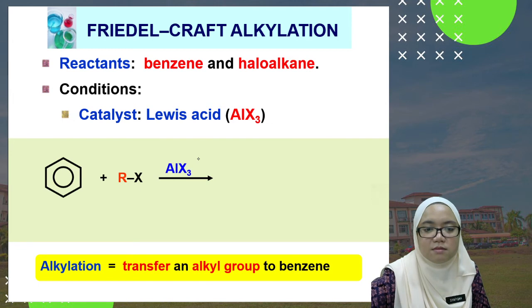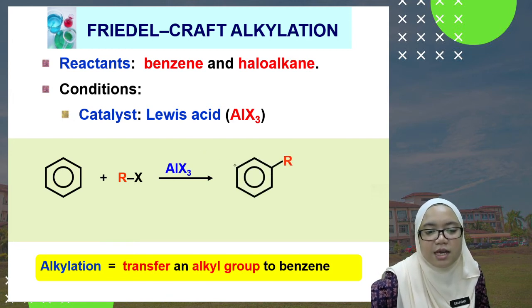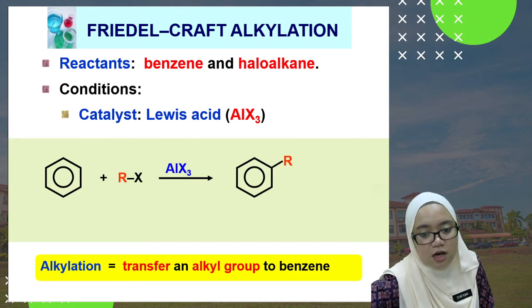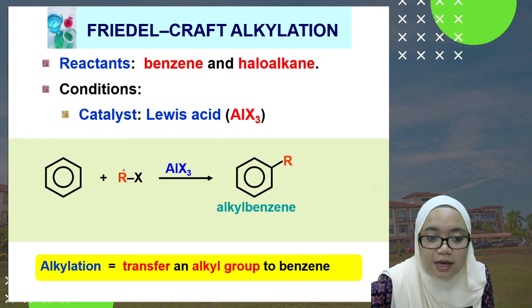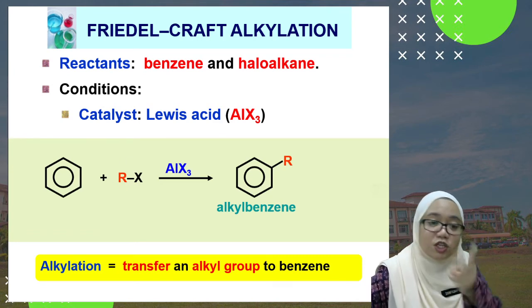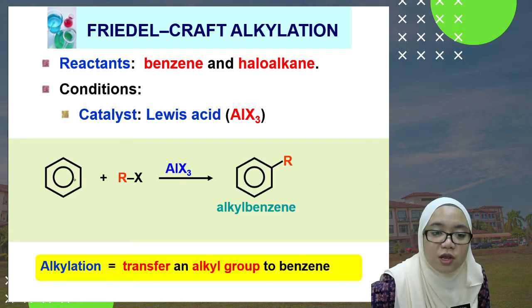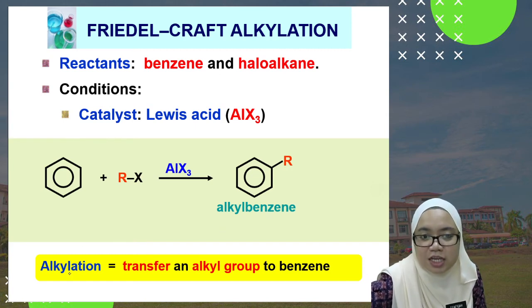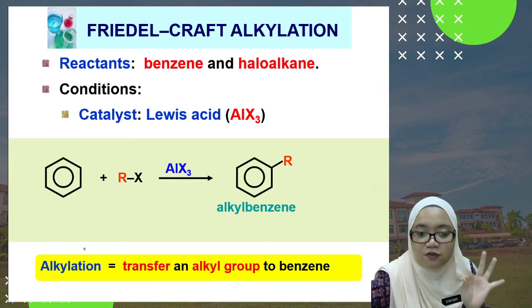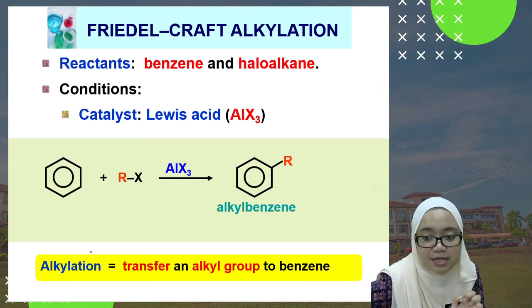Now, the alkyl group is going to be transferred, or switch place with one of the hydrogens in the benzene ring to form alkyl benzene. And the keyword alkylation inside the Friedel-Crafts alkylation reaction means the transfer of an alkyl group to the benzene.